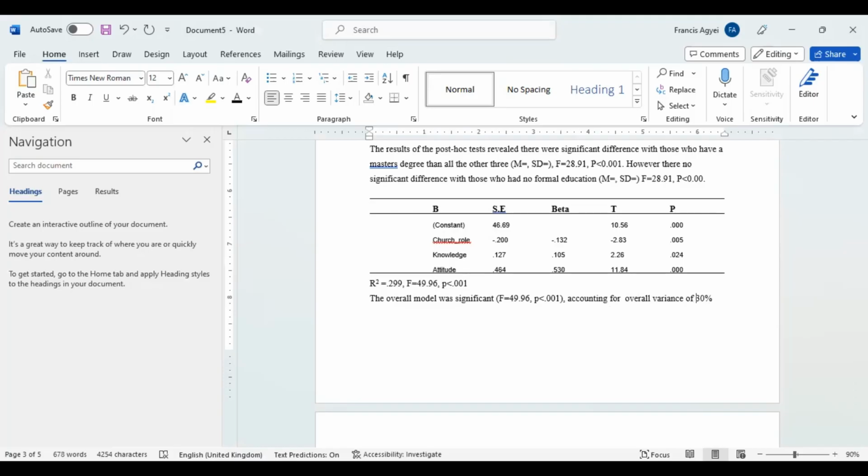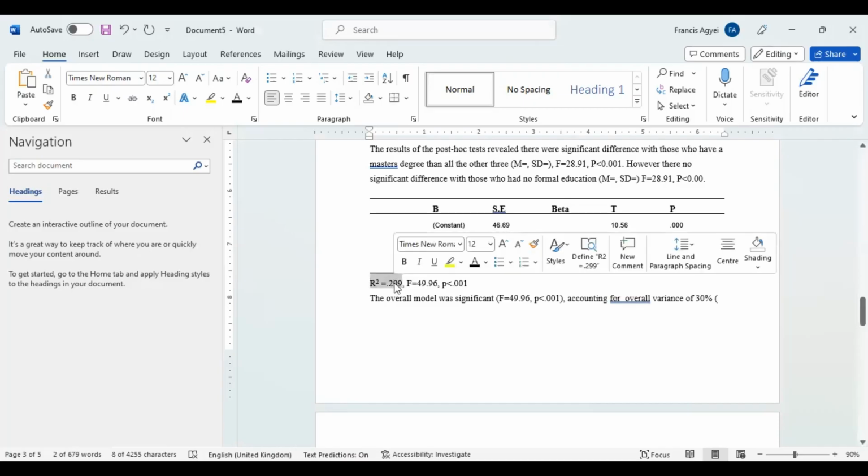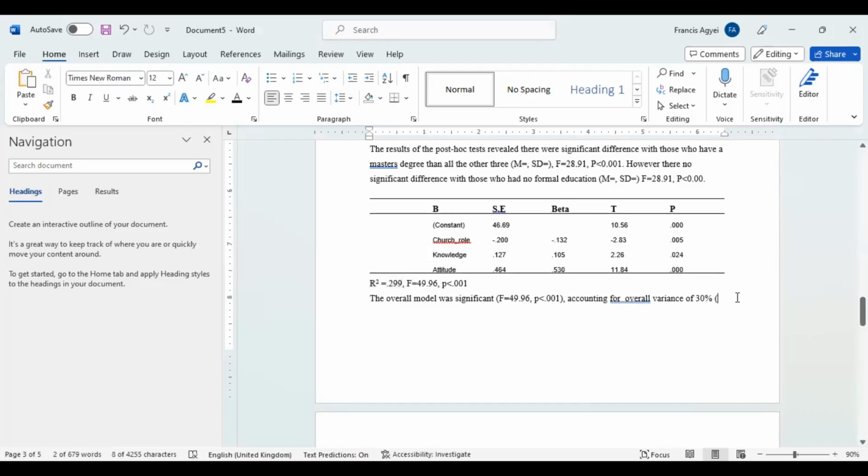So the overall model was significant. Then you quote your F and then your P value, and then accounting for overall variance of 30%. So the variance is the R squared, 30%. Full stop. So let's quote the variance here. I just copy and then paste it here. Full stop.